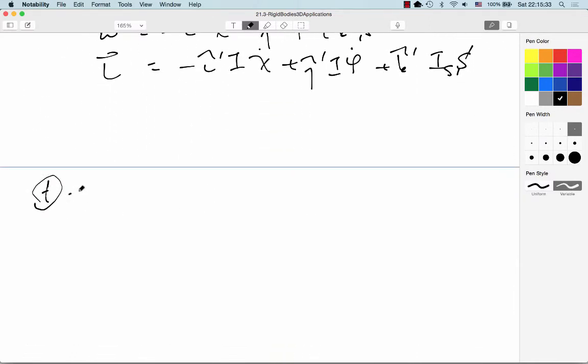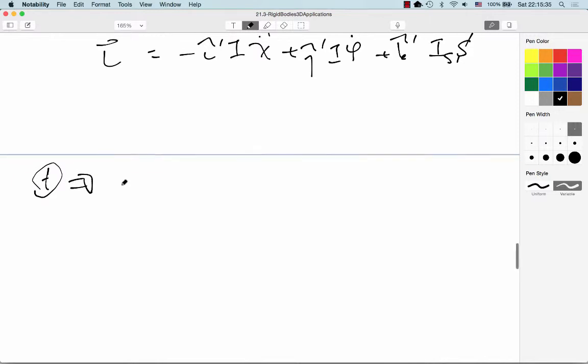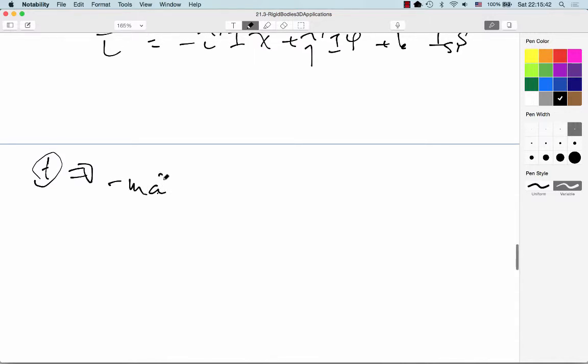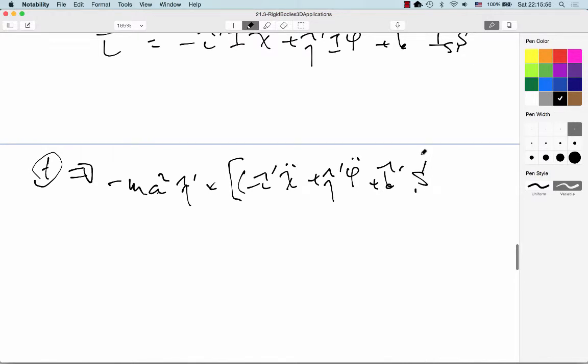Our dagger now becomes minus ma squared j prime crossed into minus i prime chi double dot plus j prime phi double dot plus k prime S dot crossed into j.